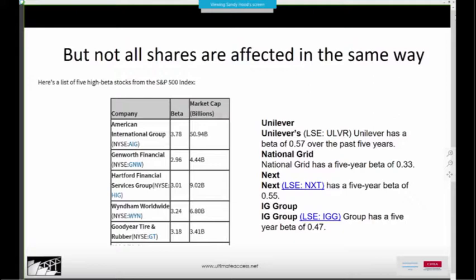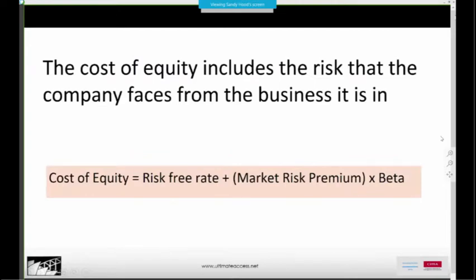So it goes to show that depending on your individual business, it shows the responsiveness that that business has to market-wide changes, and so this is quite important from our point of view, because we're able to use this within our formula.